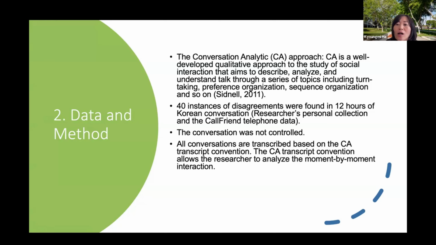From these 12 hours of Korean conversation, 40 instances of disagreement were found. The conversation was spontaneous and the topic was not given, so the conversation was not controlled. All conversations are transcribed based on the CA transcript convention, which allows a researcher to analyze the moment-by-moment interaction.